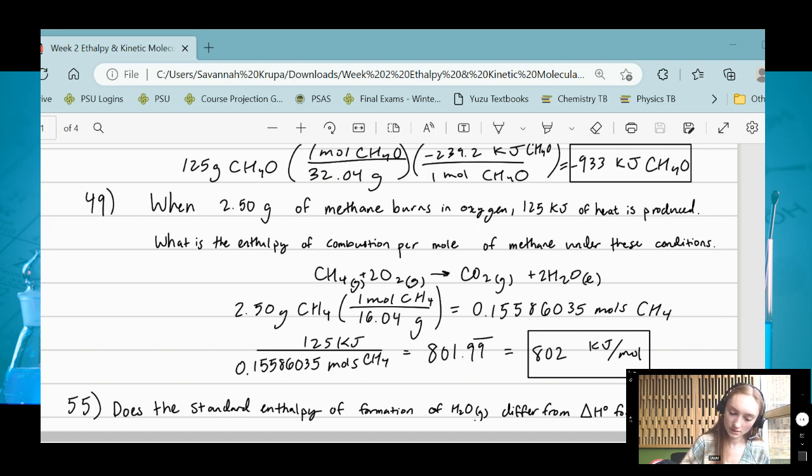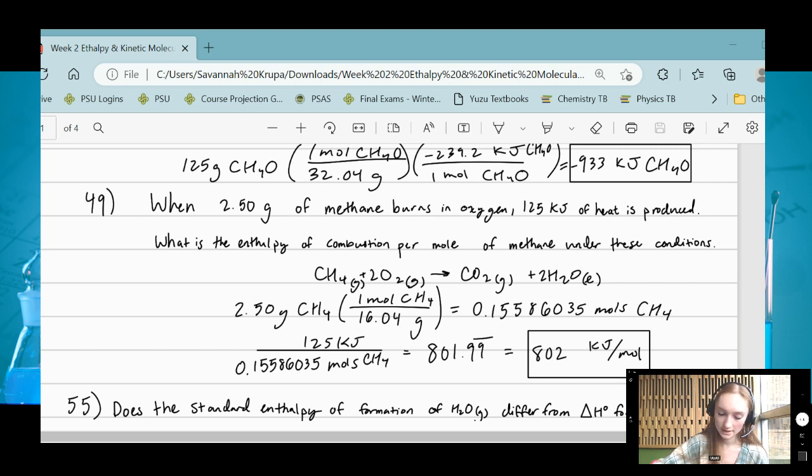And so let's write this down. So we have methane. So methane looks like this, CH4, and it is a gas. And with a combustion reaction, it's going to react with oxygen gas. So let's write that down. And then it goes to CO2 and also water.